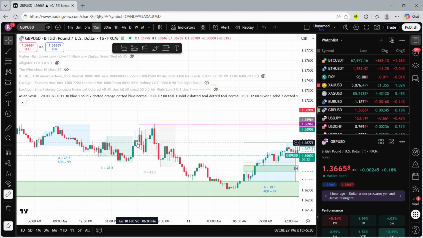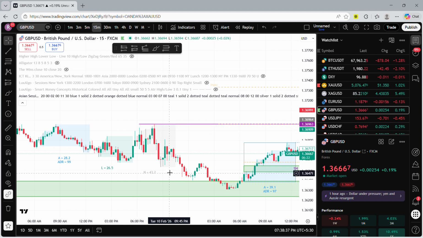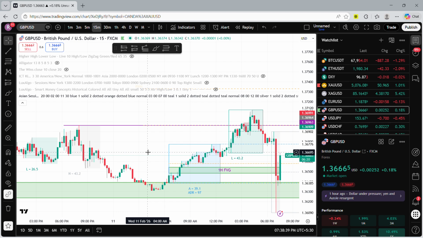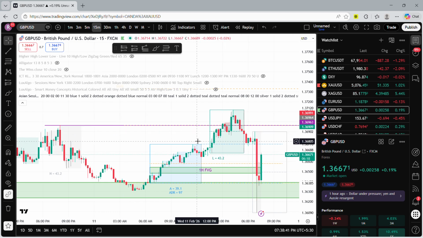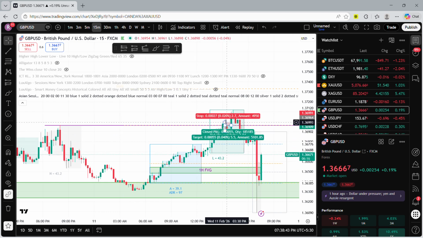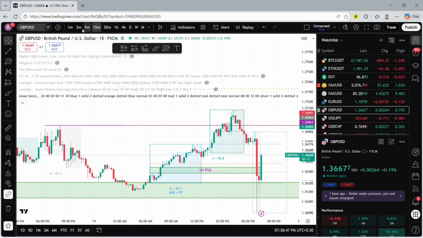Then during the London session it went sideways, and during the New York session it again tried to break this high, but it couldn't because the sell side power at this point is very high, and we can see that price just plummeted. So I felt that if at this point price could break it but then immediately create a reversal, that can be considered as a liquidity sweep.